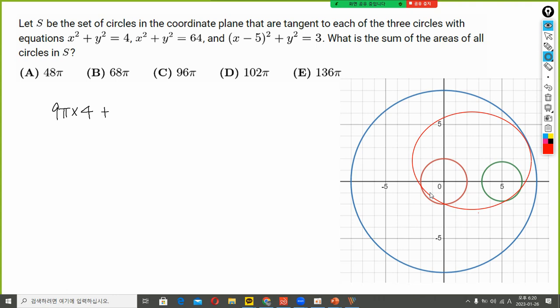In this case, the diameter is 10, since a plus 2 is 10, so the radius of this circle is 5. And we can also make 4 types of this circle.